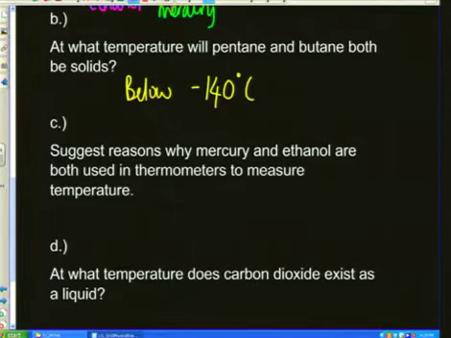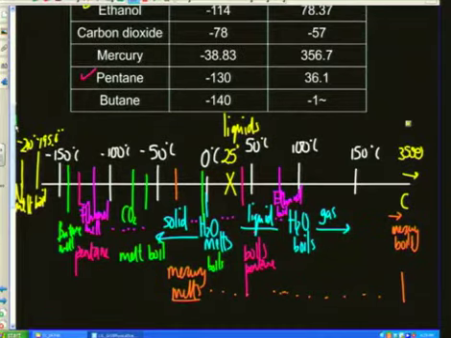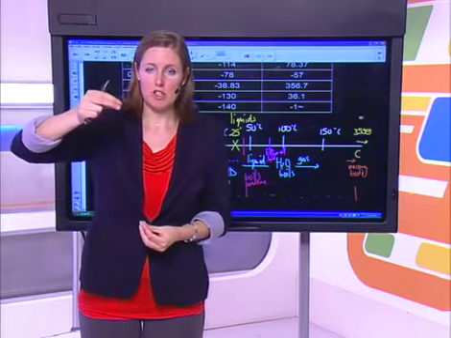Suggest reasons why mercury and ethanol are both used in thermometers to measure temperature. Once again, our number line is going to help me. Mercury, I had it over here. That was when mercury melts, so it's a liquid between there, all the way up to positive 300 and something, which is brilliant because it means it's going to be a liquid which will expand up the tube.